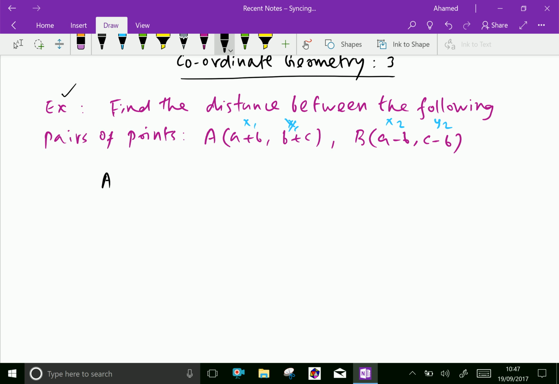AB equals square root of (x2 minus x1) whole square plus (y2 minus y1) whole square.